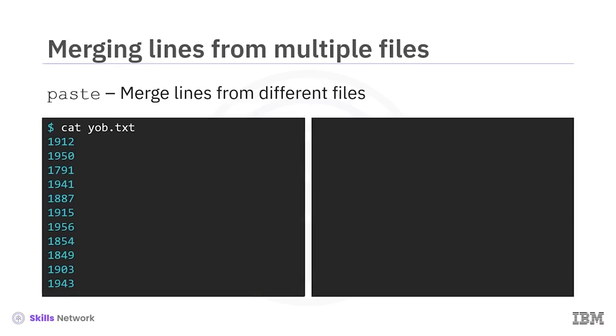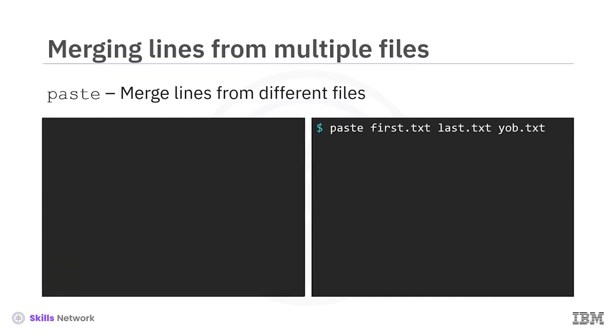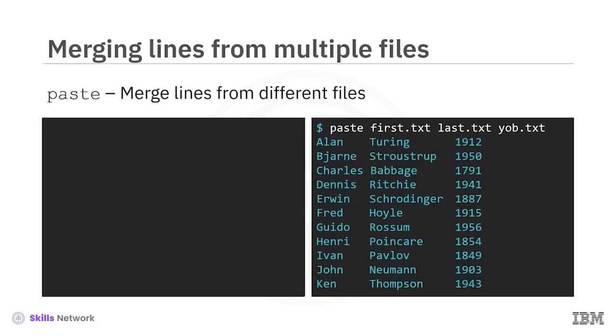You can view these files as a table by entering paste first.txt last.txt yob.txt. Notice that the 3 columns are evenly aligned because paste uses a tab as a default delimiter. Using this table, you can see, for example, that Charles Babbage was born in 1791.